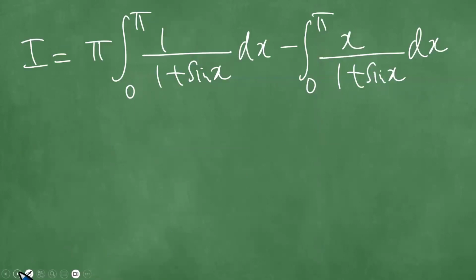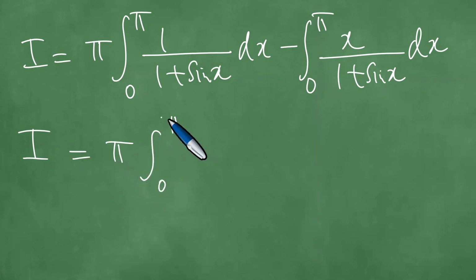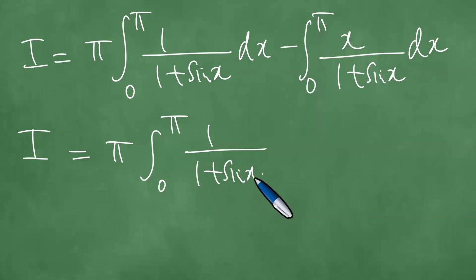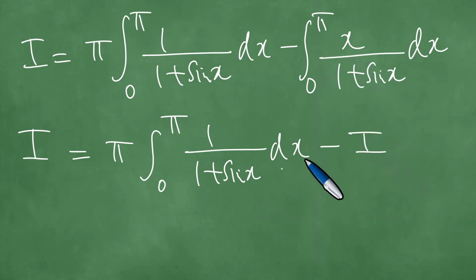So we have this. And at this point, we continue to write this as pi times the integral of 1 over 1 plus sine x dx, and this last integral is I. Remember this integral as I. Now, if we transpose this minus I to the other side, it becomes 2I.